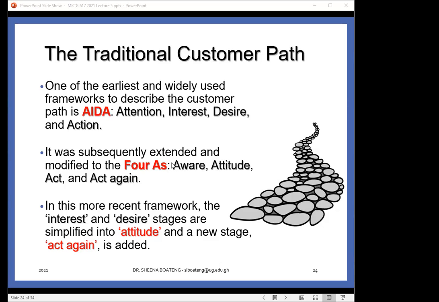So in the AIDA model, we have I and D in the middle, which was interest and desire. Those 2 were taken out and replaced with attitude, leaving attention, attitude, and action. And then a new A was included, which is act again.